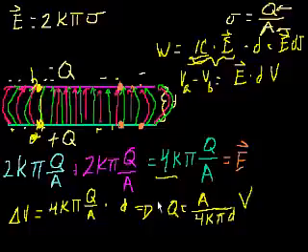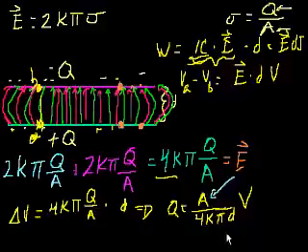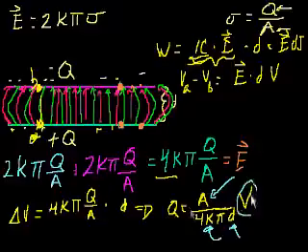Why did I go through all of this work to get to this relationship? Well, if we assume that the area of the plates isn't changing, that's a constant. This is definitely a constant. And if we assume that the distance between the plates doesn't change, we see there's a proportional relationship between the voltage and the combined charge in the plates.